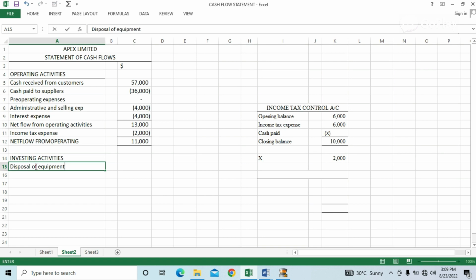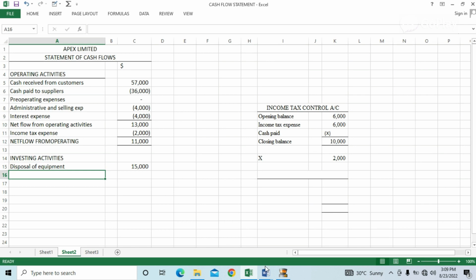So the firm received how much? They received 15,000 from that one. Disposal or sale of equipment. They received 15,000. Then which other investing activities?